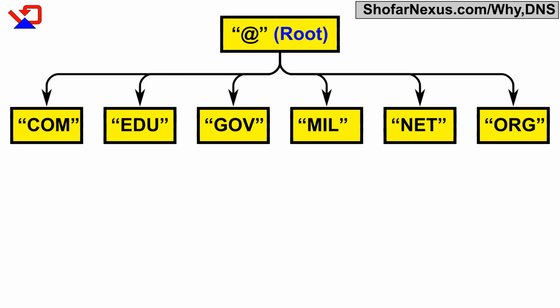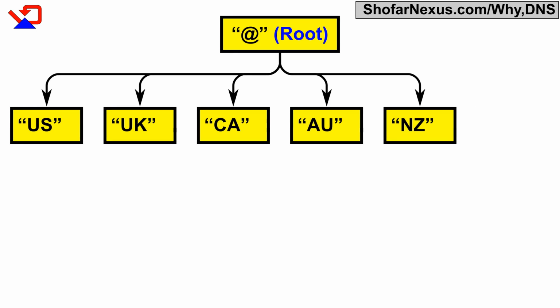Other early TLDs included COM, EDU, Gov, Net, and Org. Two-letter TLDs were reserved as country codes. Examples are US, UK, CA, AU, and NZ, which collectively are known as the Five Eyes.